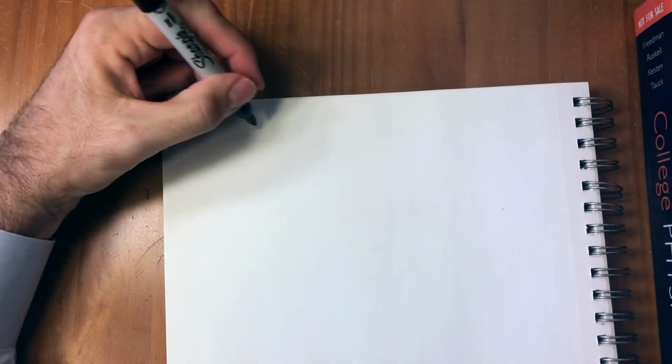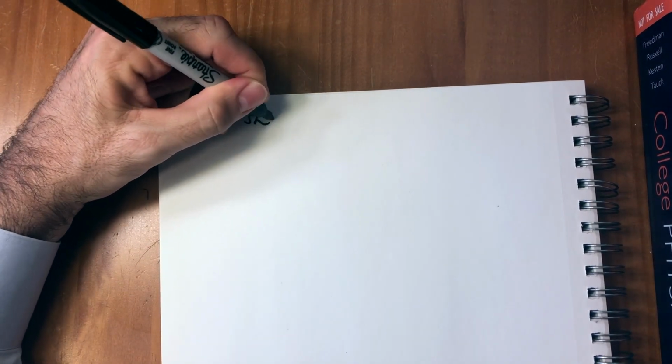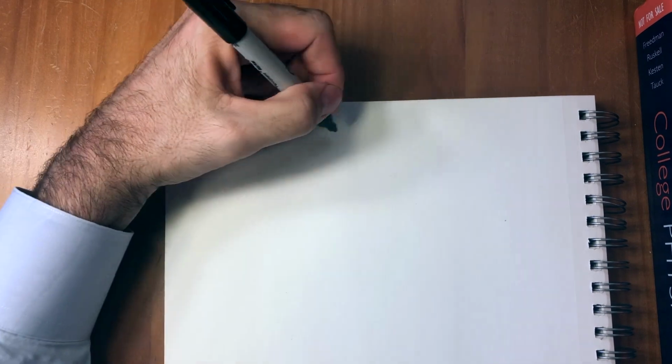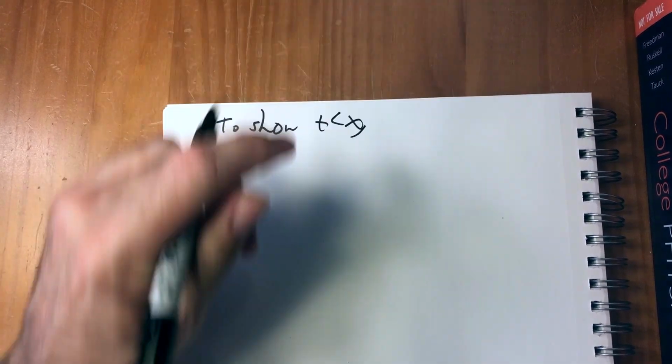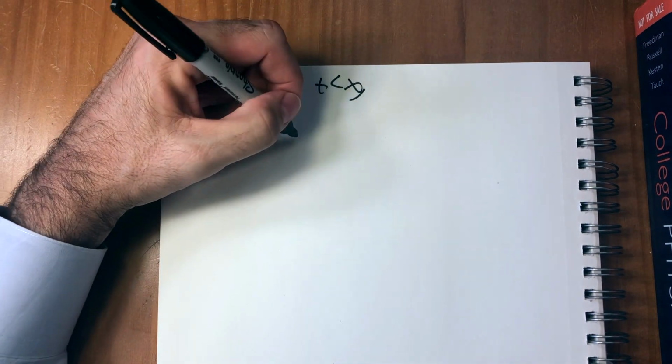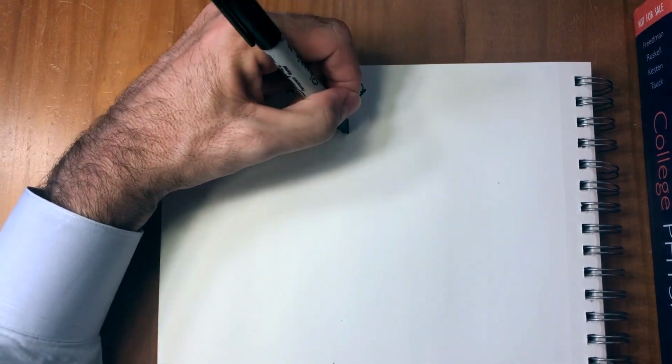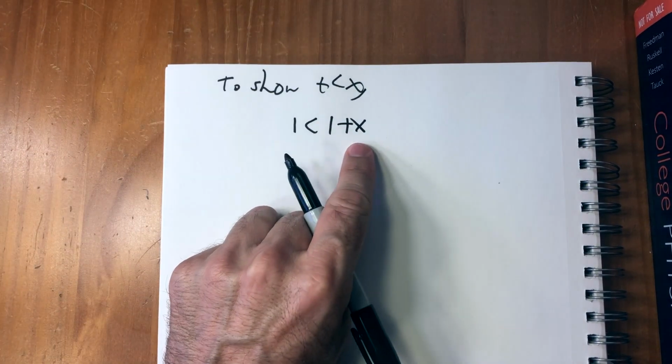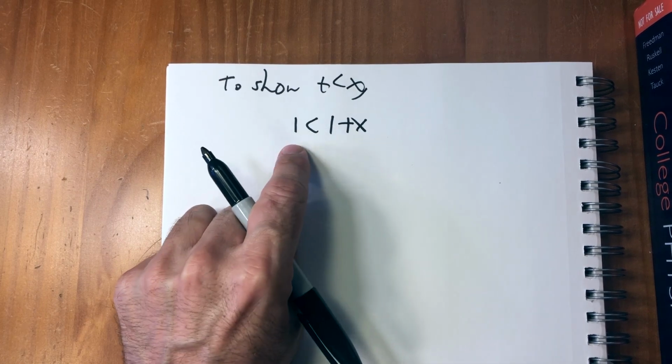So to show that t is less than x, we do basically the same thing we did above. So we know that 1 is less than 1 plus x because x is positive. So if we add something to 1, it's going to have to be bigger than 1.